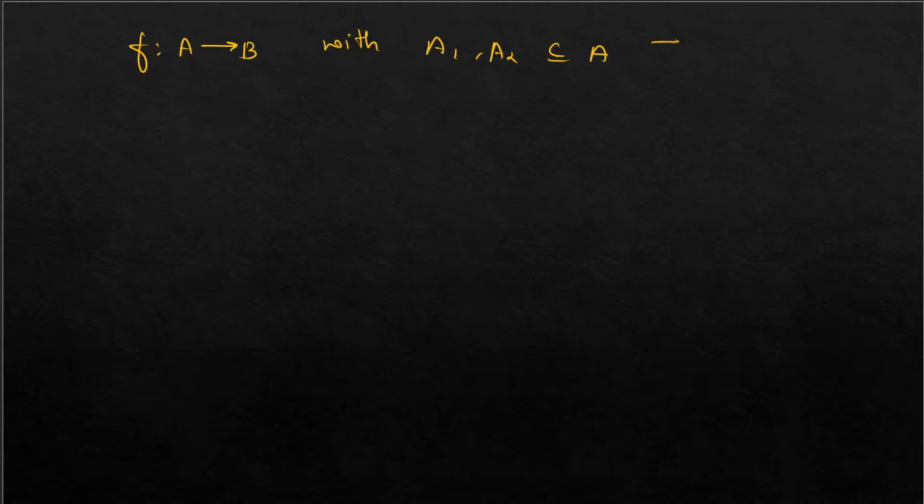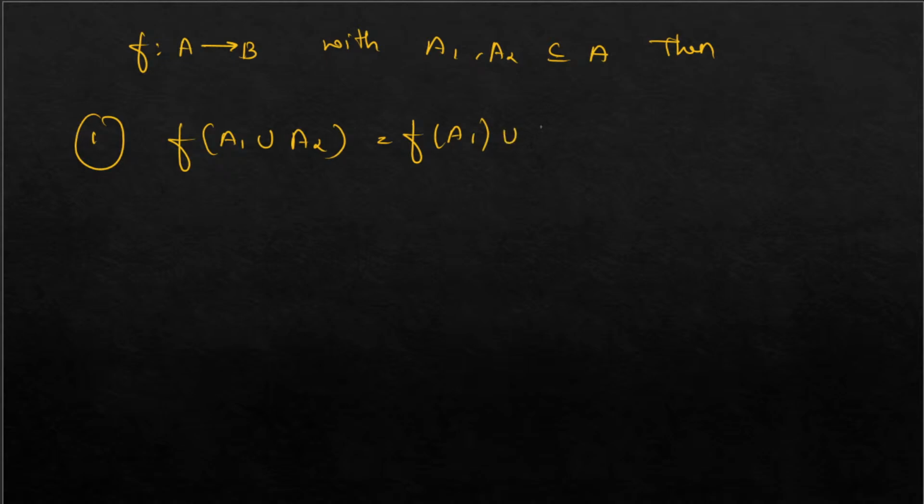First is, see, the general condition is f is a function, f implies B, with A1, A2 subset of A. Then first point is f of A1 union A2 is f of A1 union f of A2.